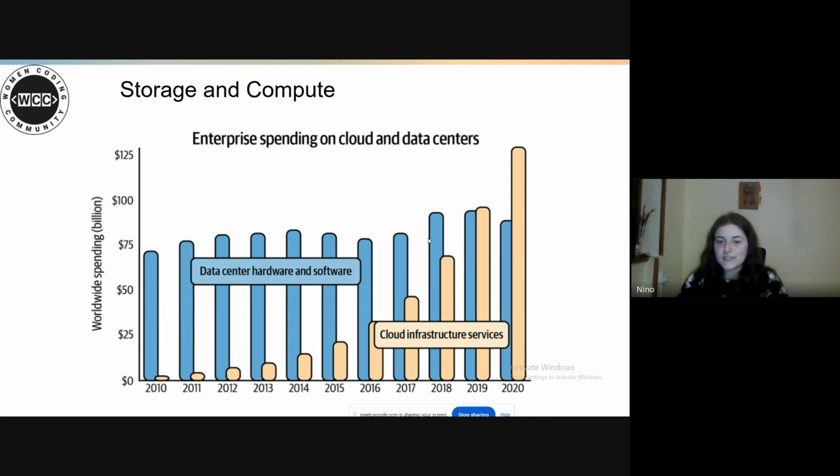We definitely see that after 2019 it has really increased, and we are now in 2025, so you can imagine how this gap has increased even more.